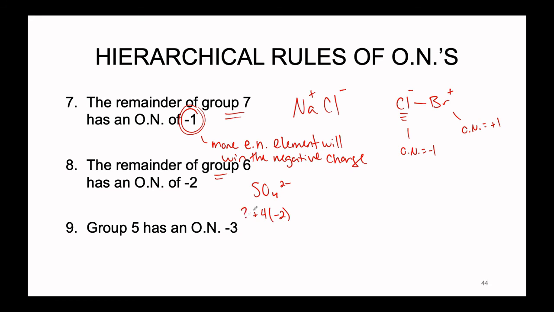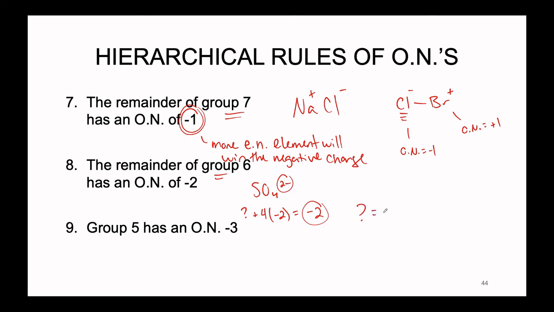The sulfur is going to be a little bit of a question mark, since we're going to have to fill in the blank with it, and the overall charge will have to equal a -2. According to rule number 3, the total charge on your species is going to have to equal the sum of the oxidation numbers. So here we have a pretty simple algebraic statement where we have to rearrange and find the oxidation number of this sulfur.